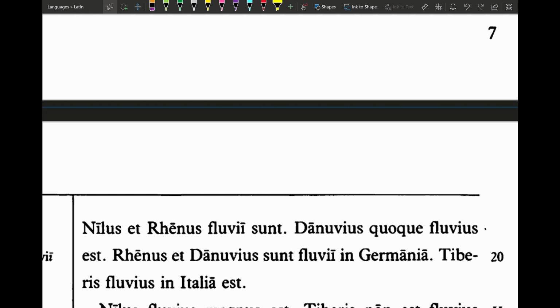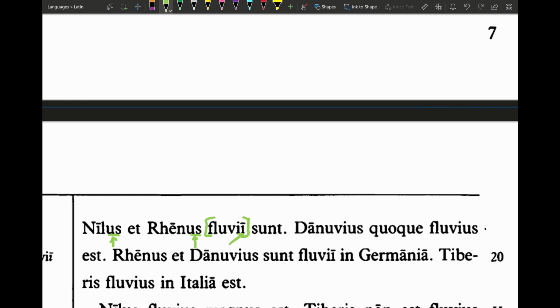Let's go down here. All right. So it says, Nilos et Reinos fluvii sunt. Now notice we have how many subjects? Well, we have one here, because of the US there. We have one here. What is this word fluvios? What is it doing? Well, it's simply the word we saw previously, fluvios, but it has, instead of a US on it, an I with a macron.